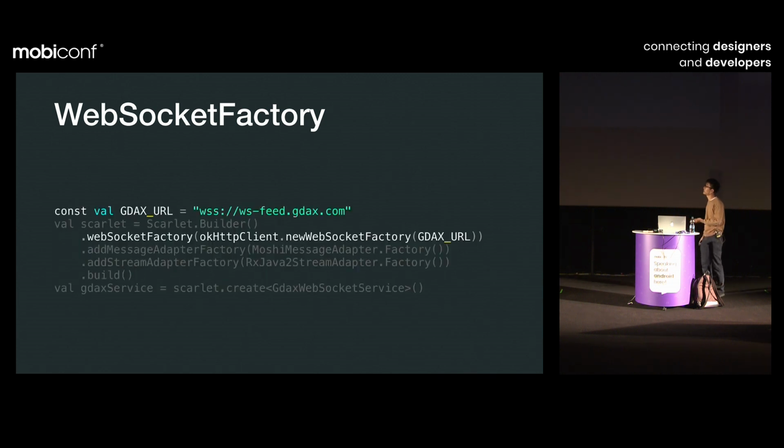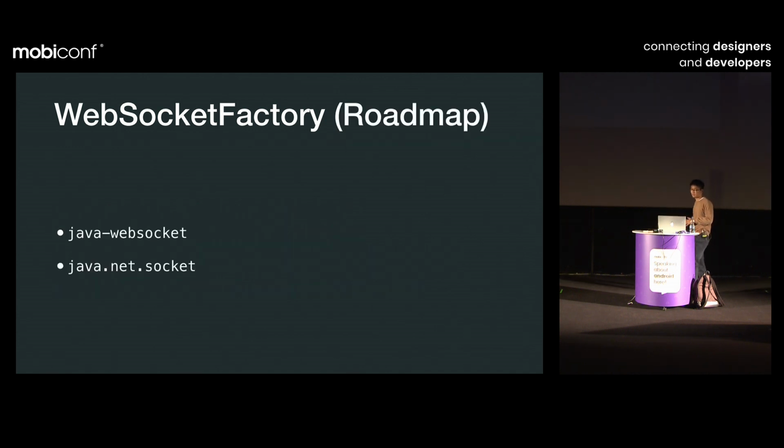You can use OkHttp, which we recommend, or MockWebServer, which is useful for writing tests. Of course, you can even write your own WebSocket implementation. And we might support other WebSocket libraries in the future if you are interested.